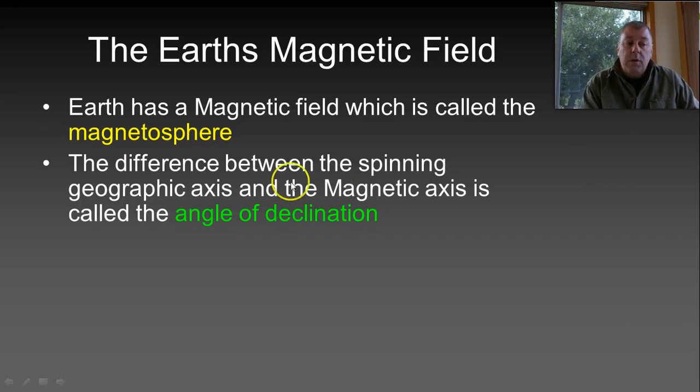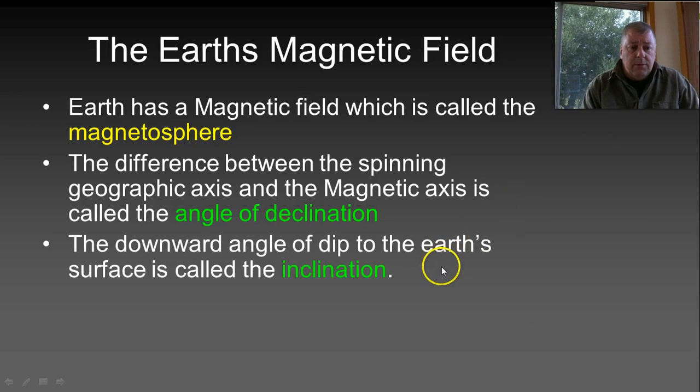The difference between the spinning geographic pole, so what we would call the North and South pole, where they go and stick their flags and things, and the magnetic axis, so where we think the magnetic North and magnetic South is, is called the angle of declination, and we'll show you a diagram very shortly that might clear this up.